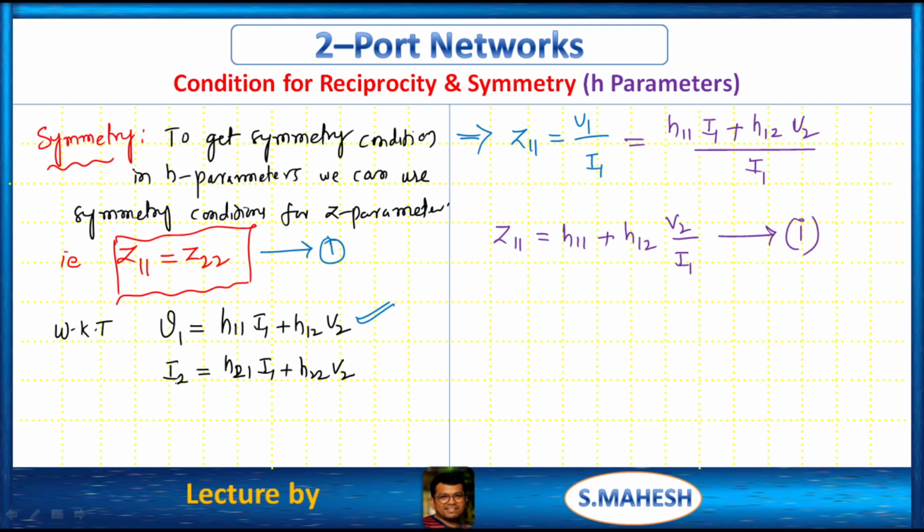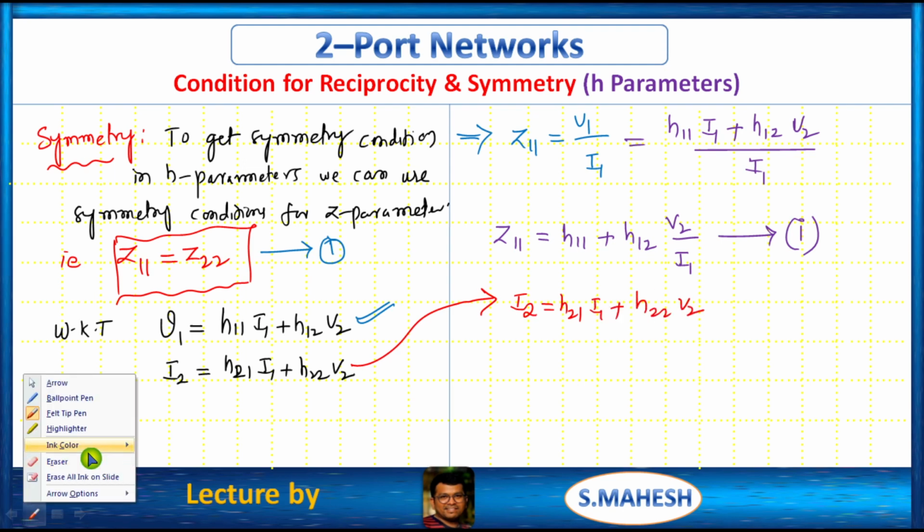For that we can open circuit, using this formula: I2 = H21 I1 + H22 V2.